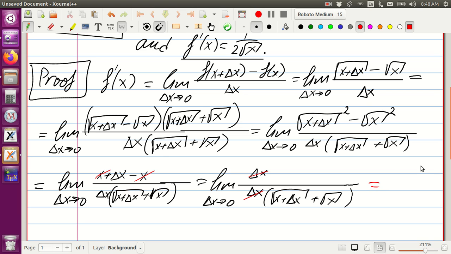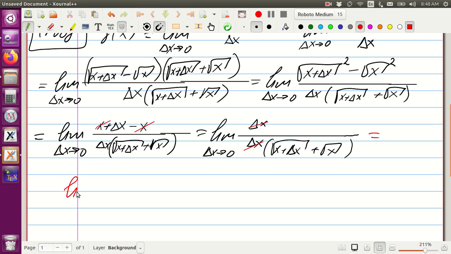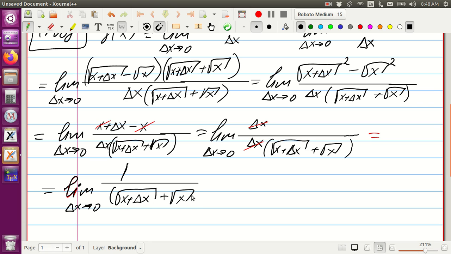And we're almost done, except the last step. In the last step, delta x goes to 0, we're left with 1 over parenthesis square root of x plus delta x plus square root of x. So we can use direct substitution.